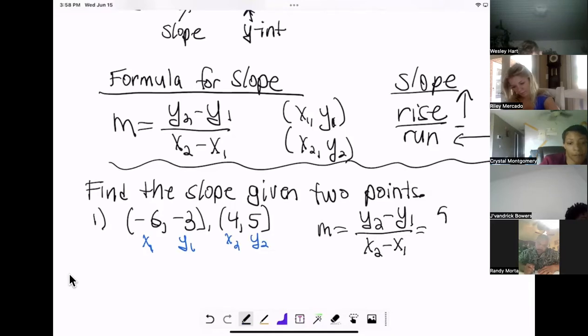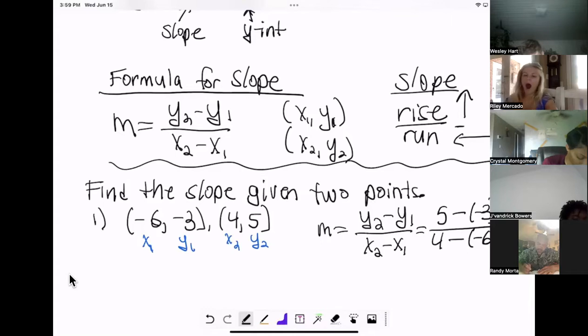And then we're going to plug in our Y's and X's. Y2 is 5 minus, always put the minus sign. Then look at Y1. Y1 is -3. So that minus had to be there first. 5 minus, and then put down the -3 over X2, 4 minus X1, look at X1, -6. And then we know that minus and negative is a positive.